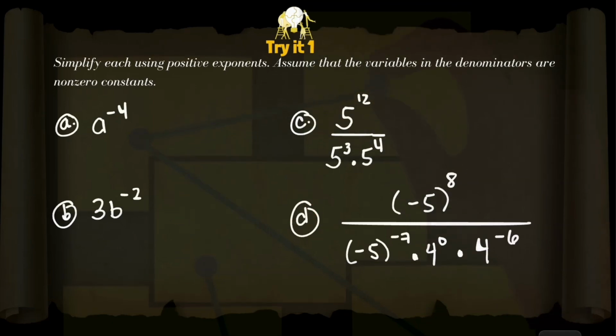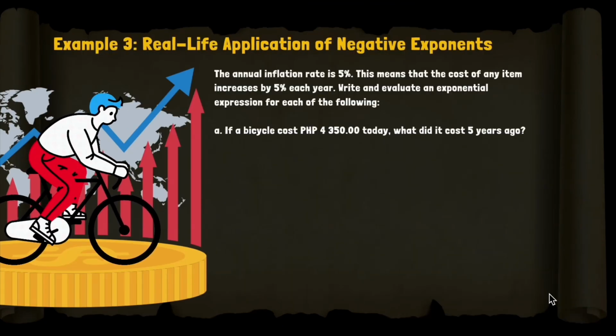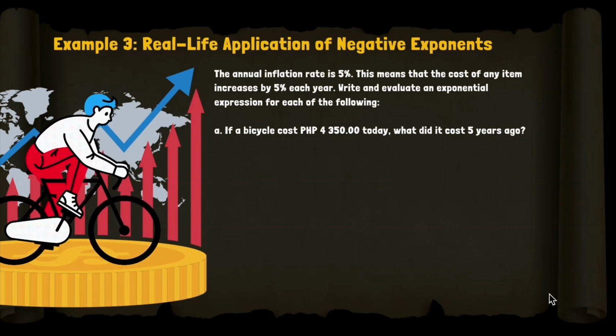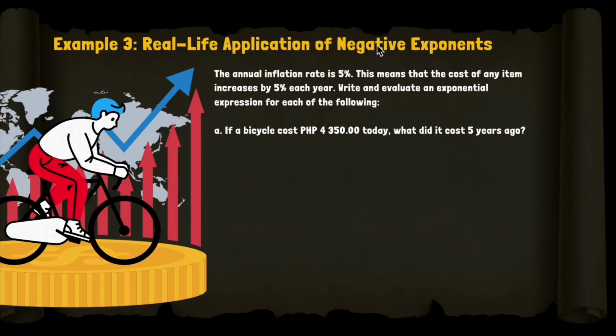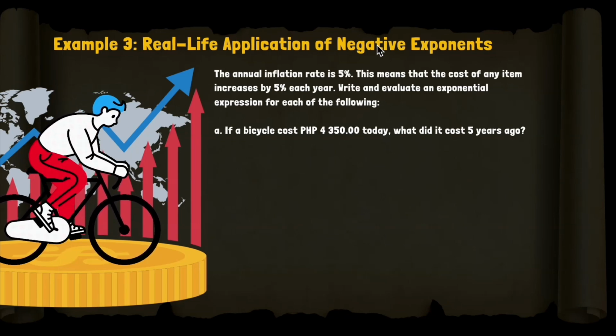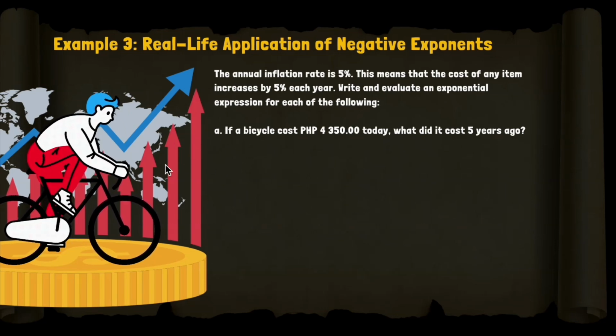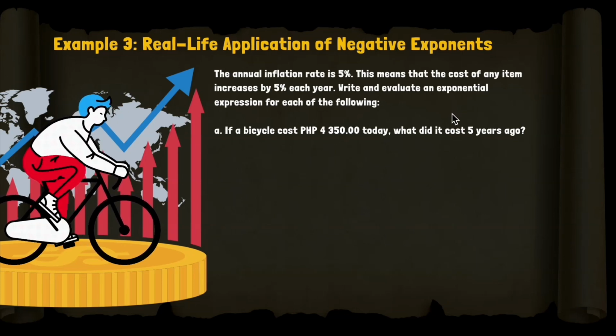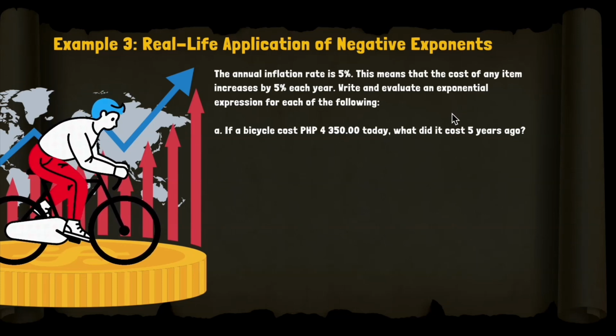Okay, so finally, as we appreciate this particular topic, we will apply it in a real life application, specifically in the topic of negative exponents. Okay, so as you can see, there is a biker here, and meron ditong parang graph. As you can see, the graph increases, and that is a red graph because we will deal here with the inflation rate problem.